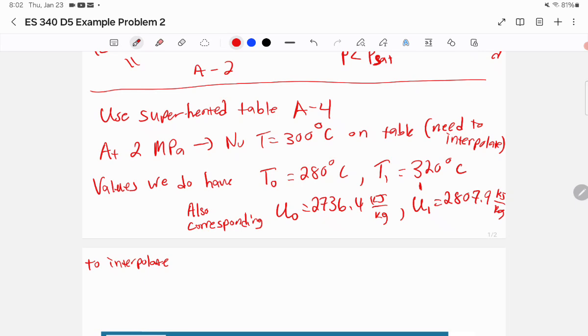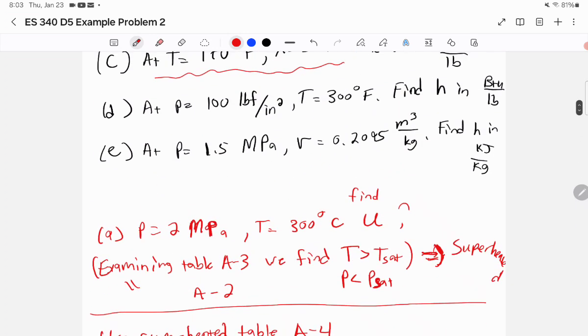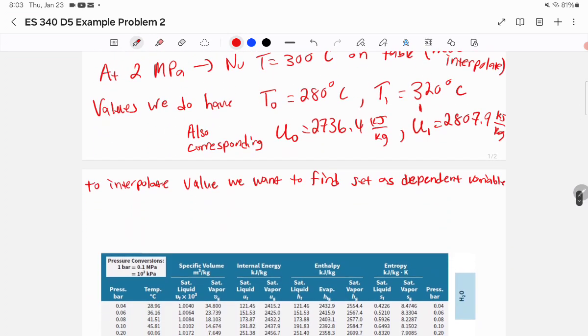Basically, remember before we discussed how you do this, you set it up as if it's a line and so on. What we want to find is u, so let's set that as the dependent variable.